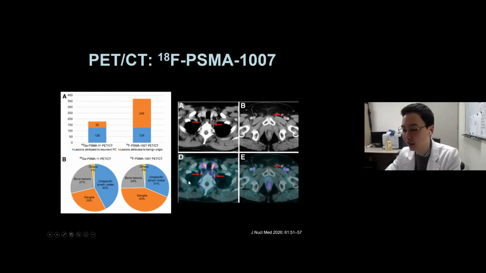Interestingly, in the ganglia, there is a PSMA uptake. So this was the most prevalent pitfall detected through F18 labeled PSMA. The author of this article insists that when you read F18 PSMA 1007, you need to have some training to know these pitfalls.